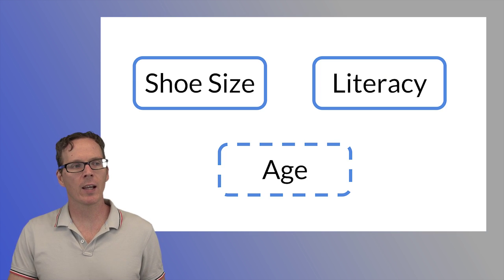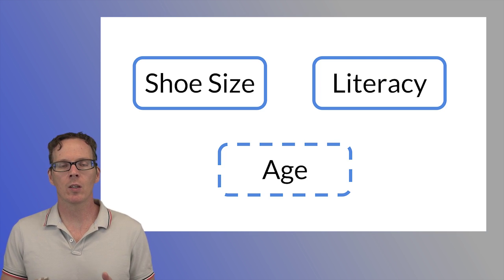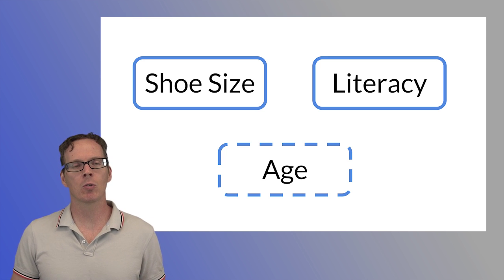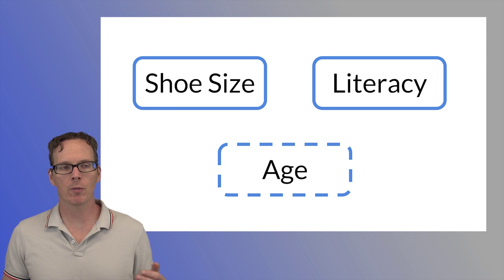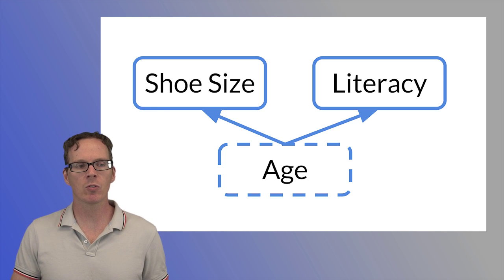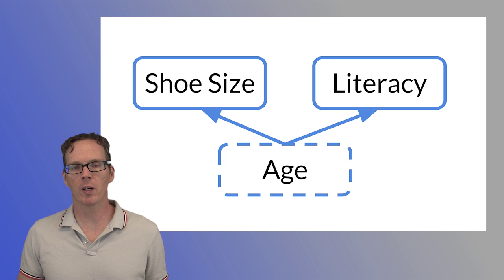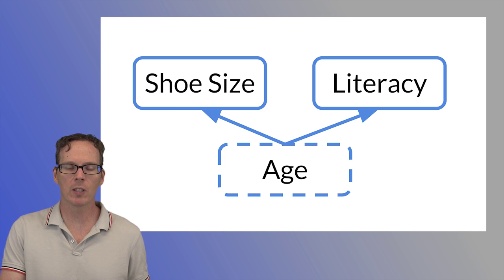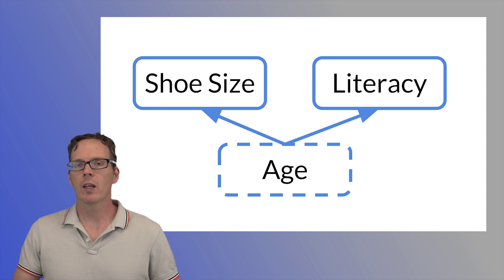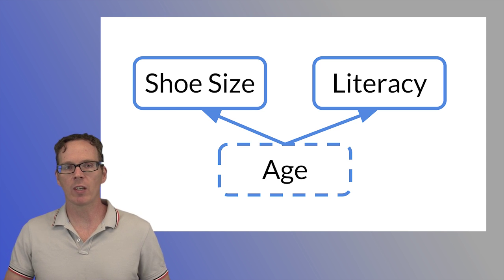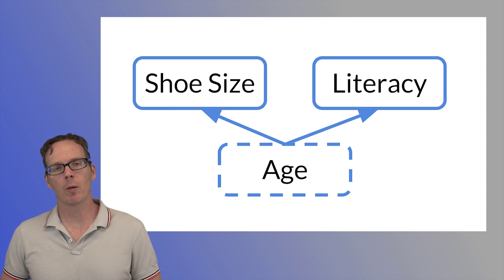And so that is ultimately the intermediary between the relationship. So we might put it in a graph like this where we have shoe size, literacy, and age, and we have the arrows in the sense that age corresponds to shoe size. Younger people have smaller feet, older people have bigger feet, and age corresponds to literacy. As we age and develop, we develop our reading skills.